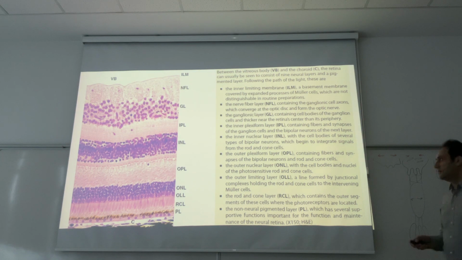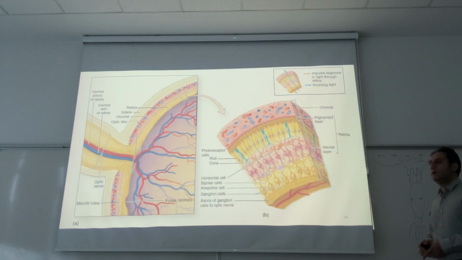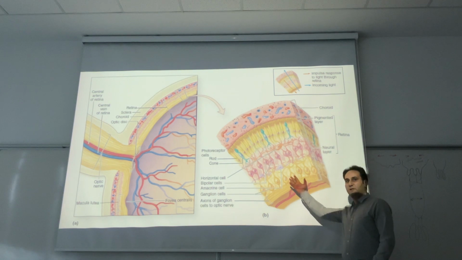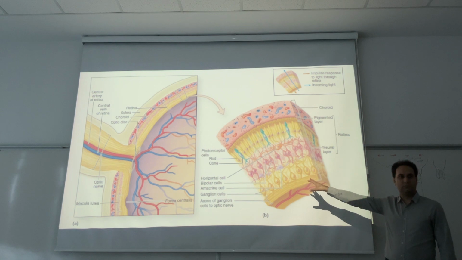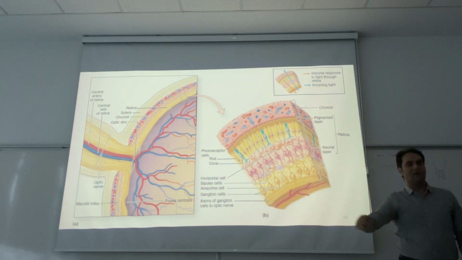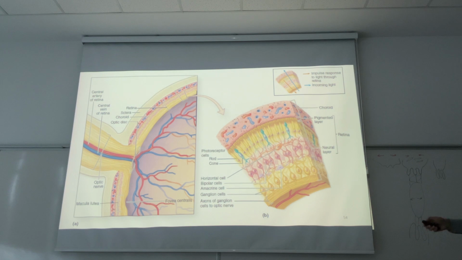It's very hard. To understand this part, you should memorize this picture, the location of these cells and the connections. If you memorize this part, you can understand the histology sections. For example, here, this part is our rod and cone cell layer. This part is our outer limiting membrane. This nuclear part is our outer nuclear layer. Here is our outer plexiform layer.